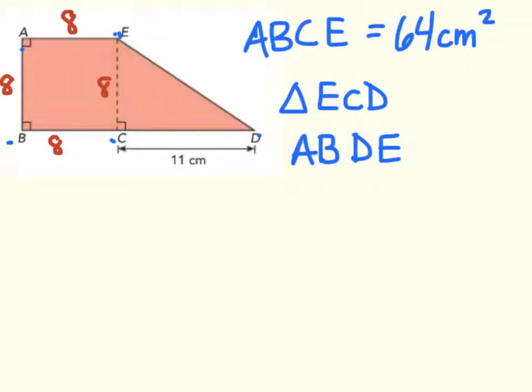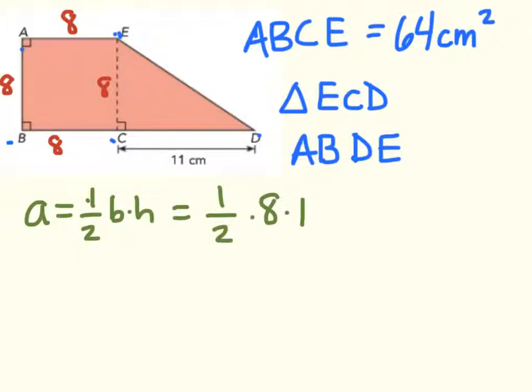Now that we know that the length of line EC is 8, we can find the area of triangle ECD. The area is going to equal 1/2 of the base times the height, or 1/2 of 8 times 11, which equals 44 centimeters squared. So the area of triangle ECD is 44 centimeters squared.